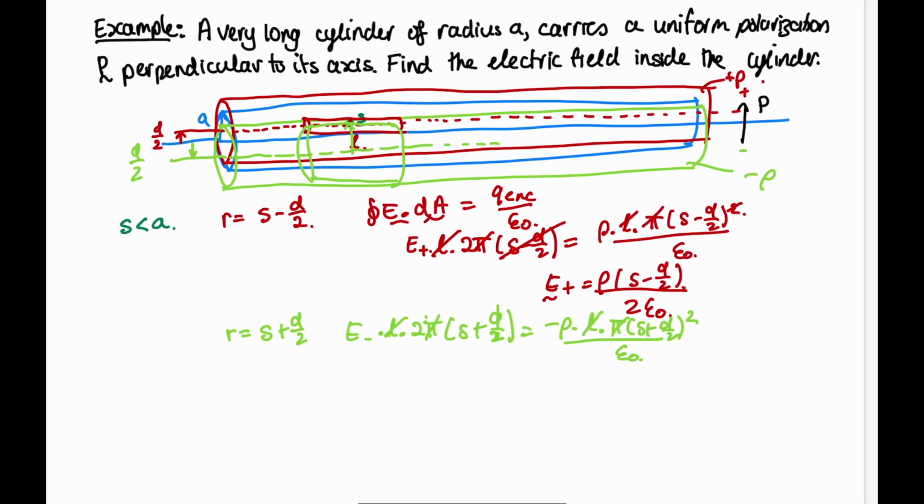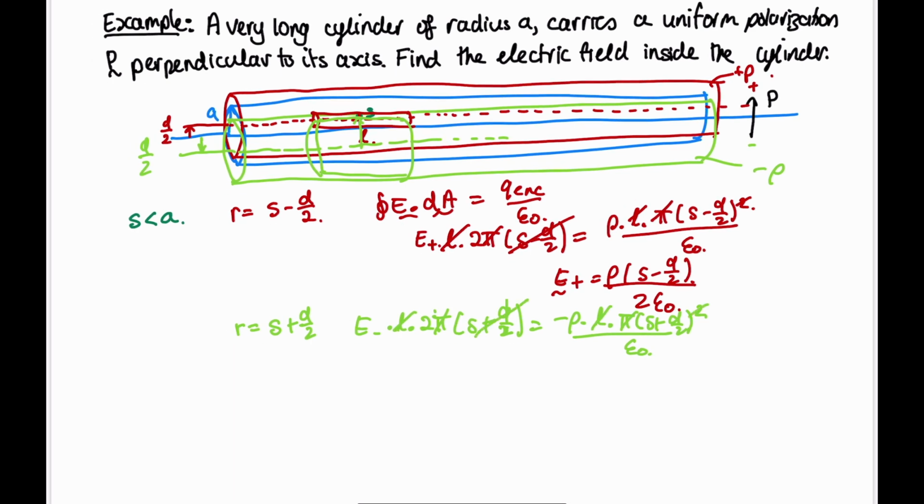Let's make sure that we get everything, that and that. And so we end up with E minus is equal to minus rho S plus D on 2 over 2 epsilon naught. And now we know that electric fields obey the law of superposition. So we know that the electric field is equal to E plus plus E minus.